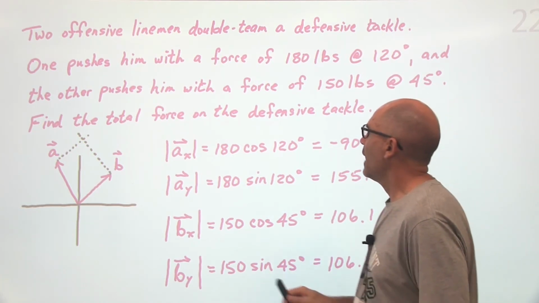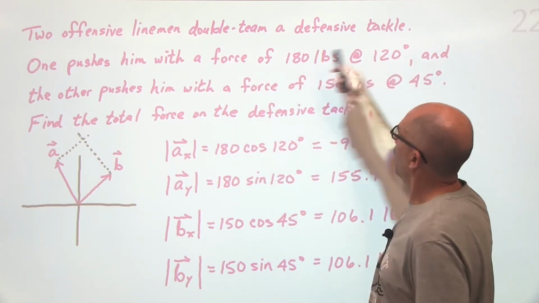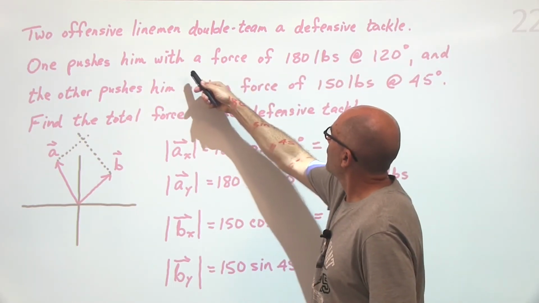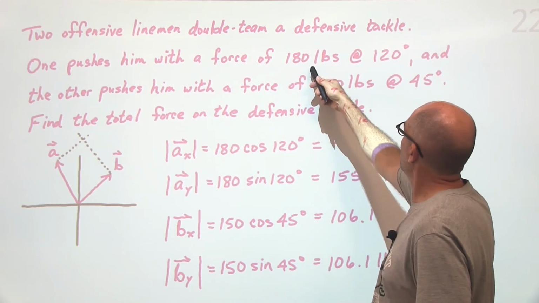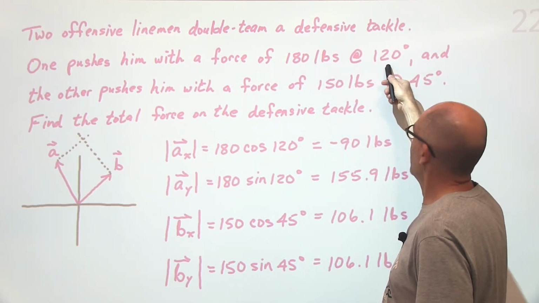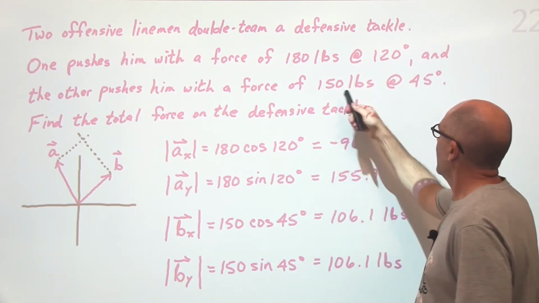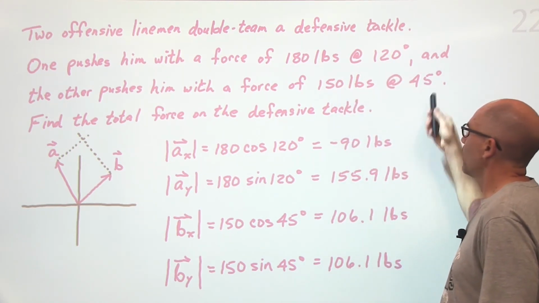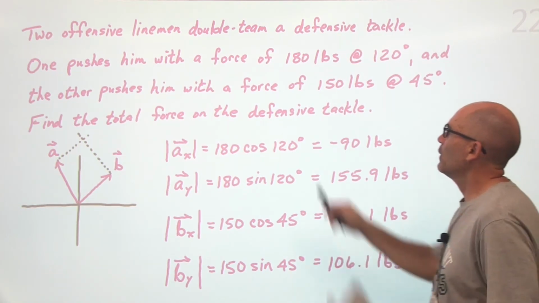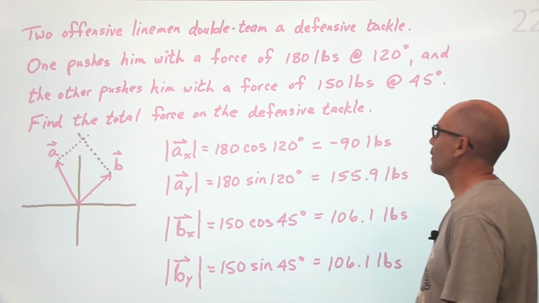But if I want to get the numbers, vector A is 180 pounds at 120 degrees. And then vector B is 150 pounds at 45 degrees. So we want the total force exerted on the defensive tackle.